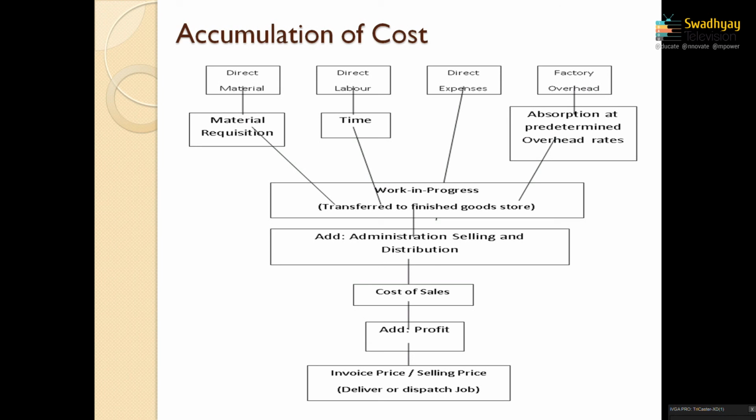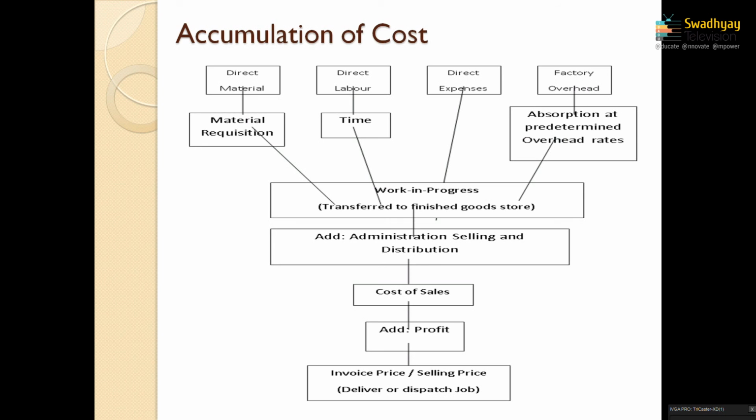Now moving to the overhead part, indirect expenses, the second part of the expenditures. On the basis of factory overheads, if there are any factory expenditures incurred for the particular job, or maybe incurred for the whole organization, they would be identified on the basis of overhead recovery rates. As I already mentioned in the earlier topic, any overhead expenditures incurred for the respective business or organization would be distributed proportionately on the basis of overhead recovery rates.